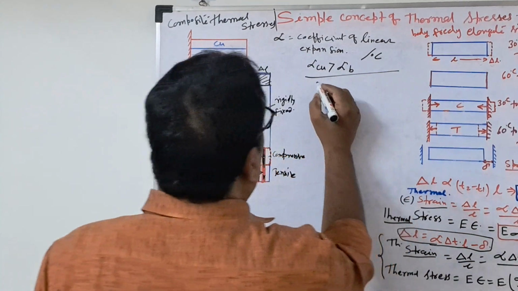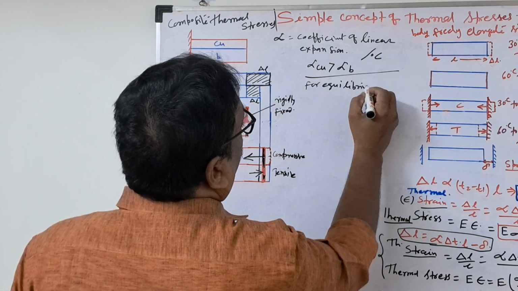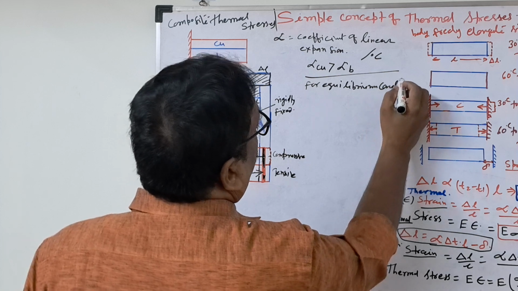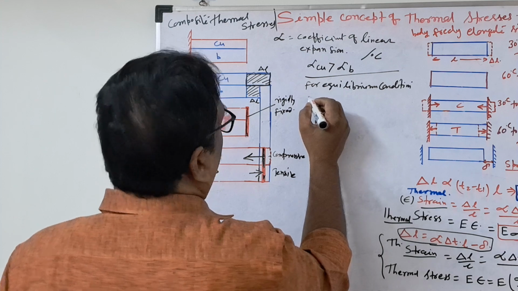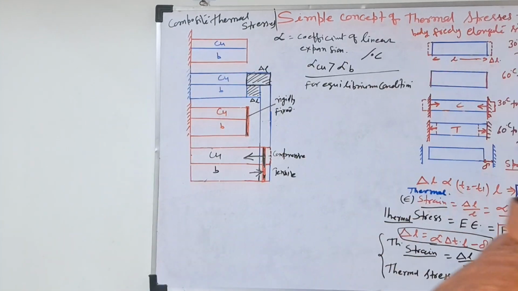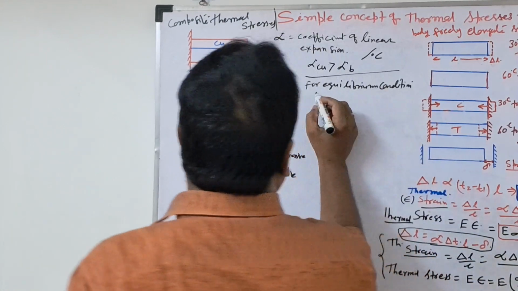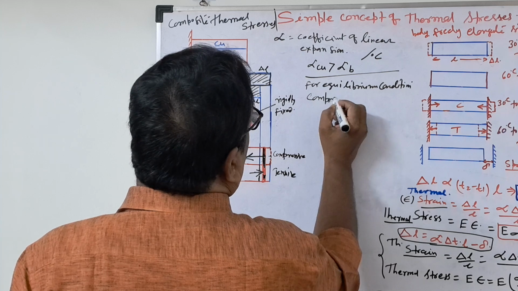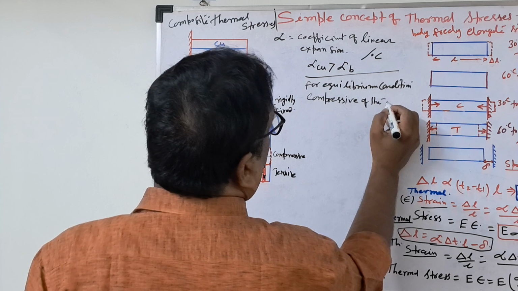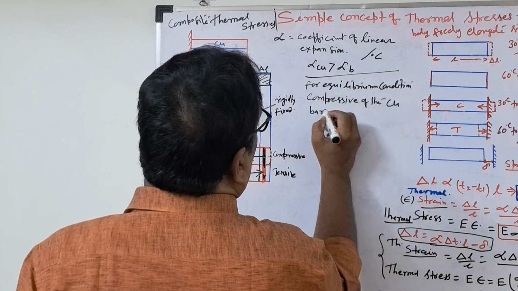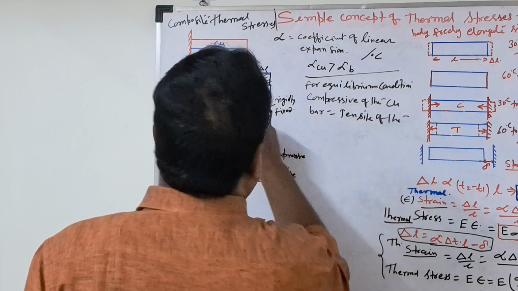So two cases will be there. For the equilibrium condition, the total compressive load in the copper bar will be equal to the tensile load in the brass bar.